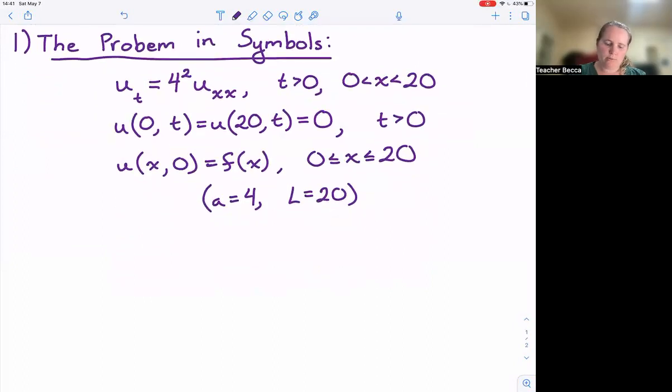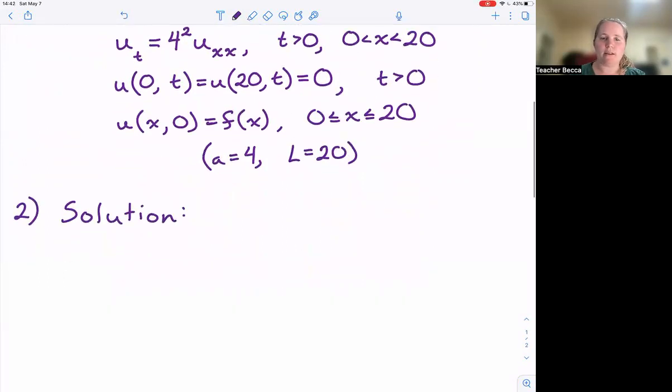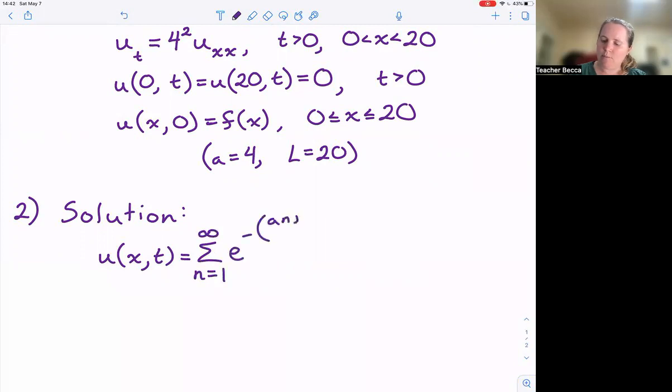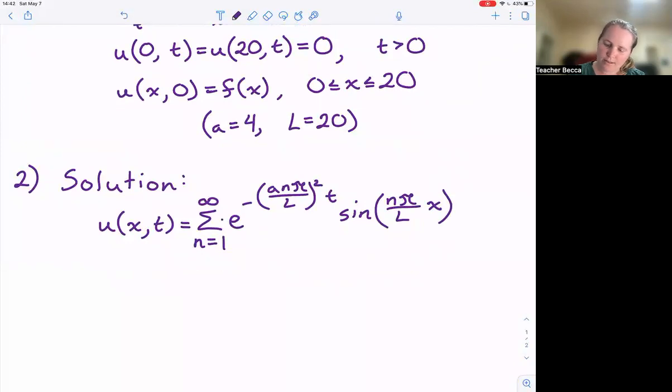Our solution, we know, the general formula, not plugging in any of the symbols yet, is that U of x t is equal to the sum from n equals 1 to infinity, c sub n, oh sorry, I forgot my c sub n's, there should be a c sub n in front of the e to the negative a n pi over L whole fraction squared t times sine of n pi over L x.